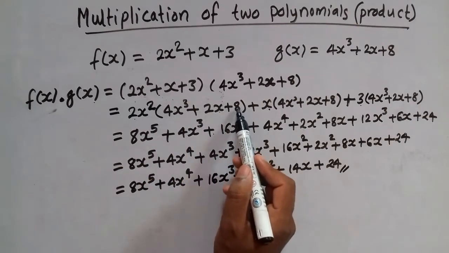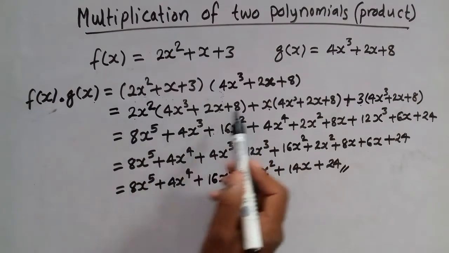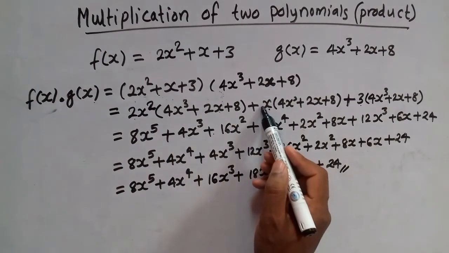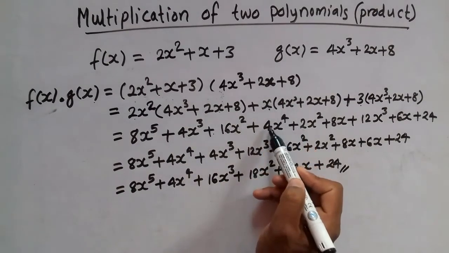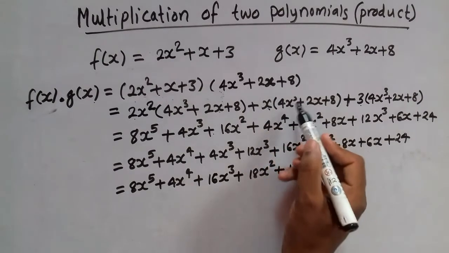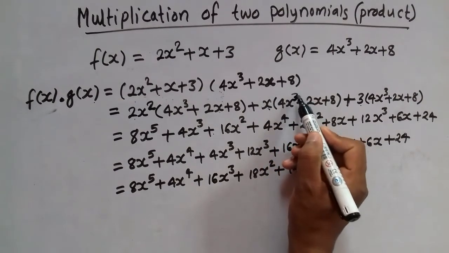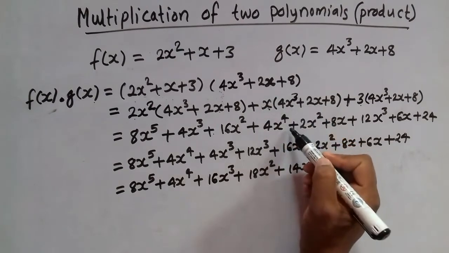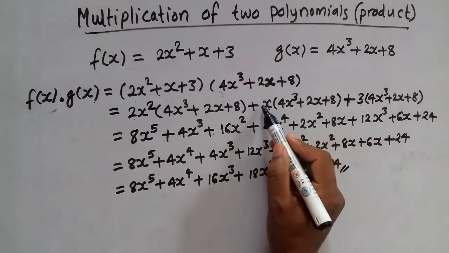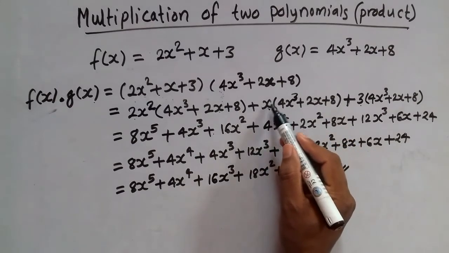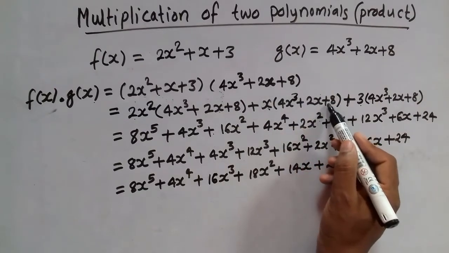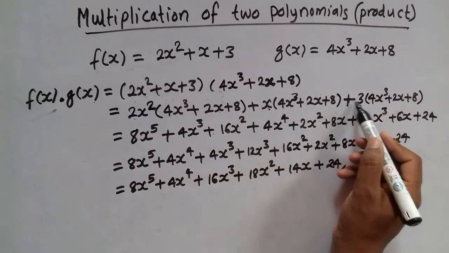Plus now 2 into 8, here is no variable, it means this is a coefficient. 2 into 8 is 16, and x square, plus here 1 is the coefficient, so 1 into 4 is 4, and x has power 1, and here power is 3, so 1 plus 3 is 4. Then plus into plus is plus, and 2 into 1 coefficient is 2, then this has power 1 and this also has power 1, 1 plus 1 is 2, and plus 8 into x is 8x here.